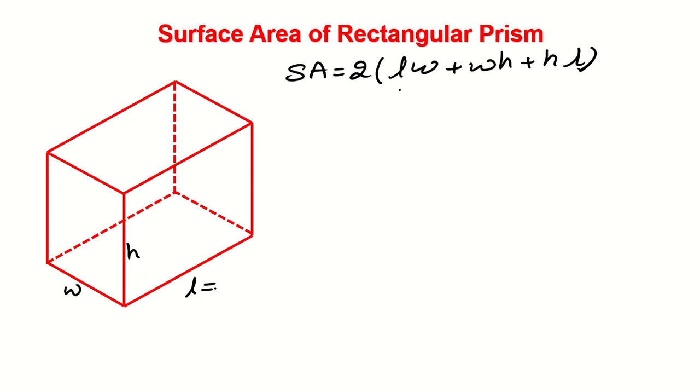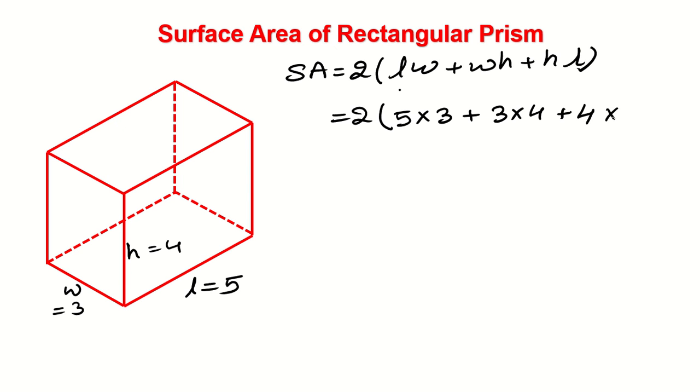For example, if they say length is 5, width is 3, and height is 4, just put it here. 2 times L means 5, W means 3, plus W means 3, H means 4, plus H means 4, and L means 5. So calculate it. This is 2 times: 5 times 3, 15; 3 times 4, 12; 5 times 4, 20.